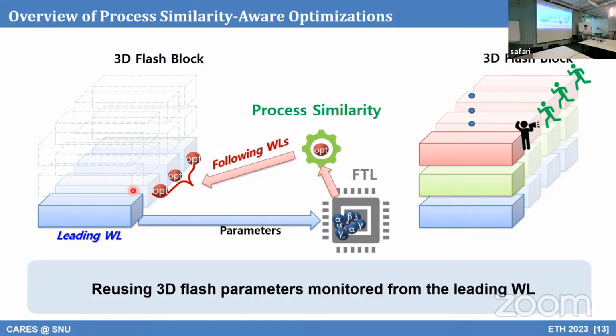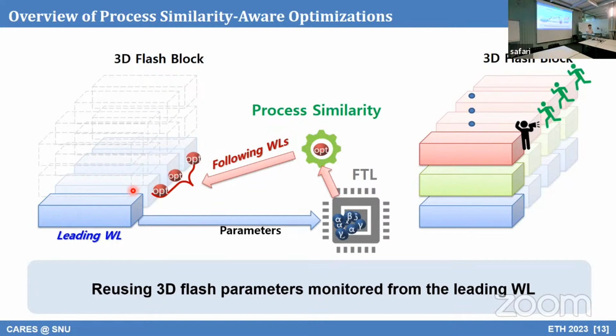So for example, when we do a read operation, we have to set the reference voltage, which gives you the best probability of correct flash data. So you have to choose the read voltage. And also when you write data, I didn't introduce you to the basics of flash memory, but the flash cells maintain different states by different voltage levels. So when you write a particular level, you have to put a particular voltage level to that cell.